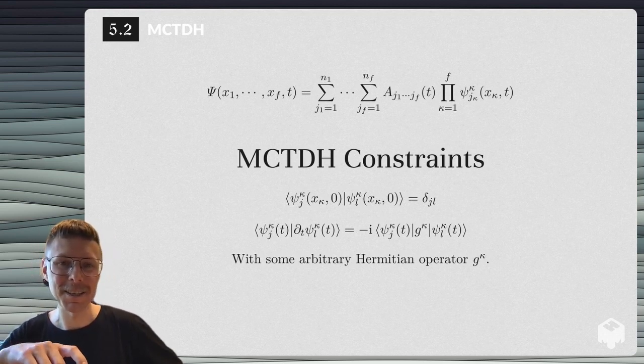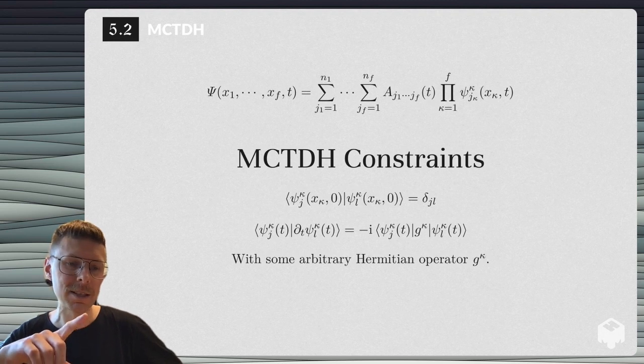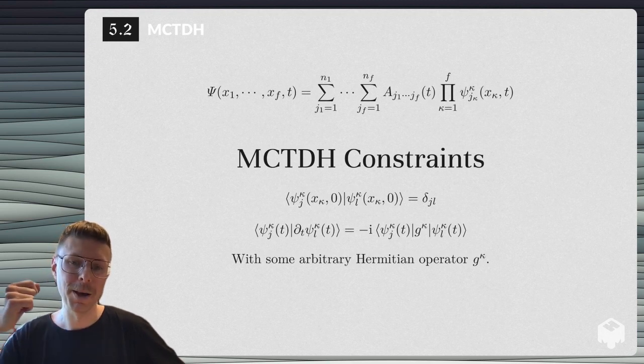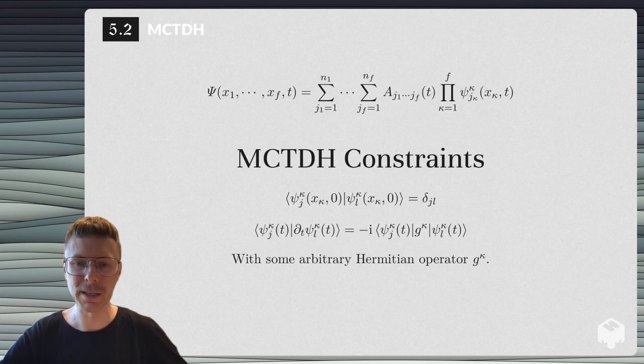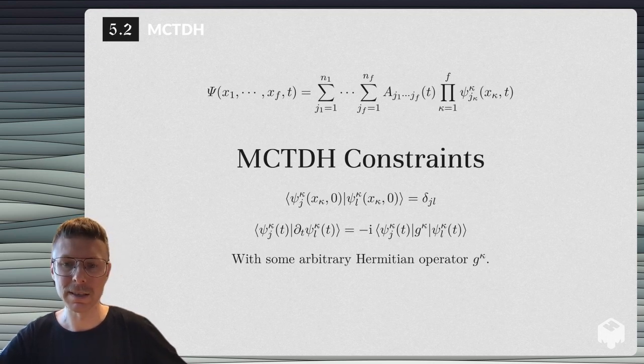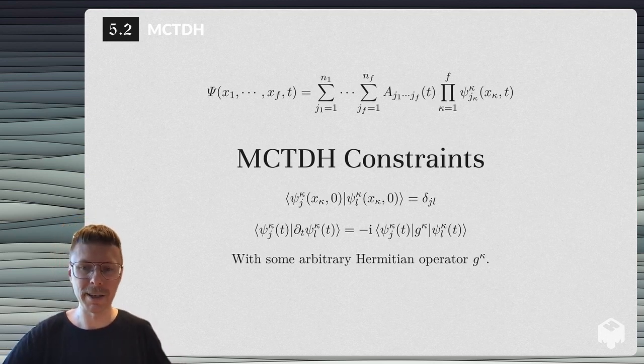It looks like this. Instead of saying that each psi is going to evolve orthogonal to its current state, we're going to make it follow this equation, which seems to correlate some J and L with the G here, a Hermitian operator G sandwiched between the states on the right-hand side.